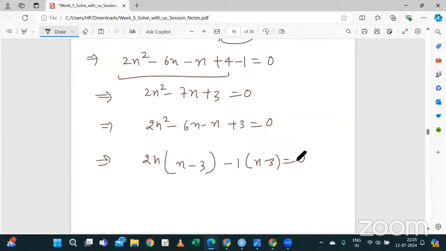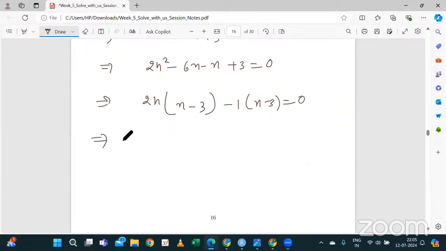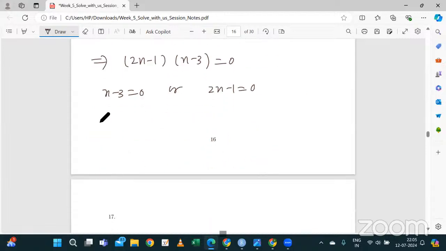So here I will get 2N minus 1 into N minus 3 equal to 0. So either N minus 3 will be 0 or 2N minus 1 will be 0. So here you will get N as 3, and here 2N equals 1, so N is 1 half.